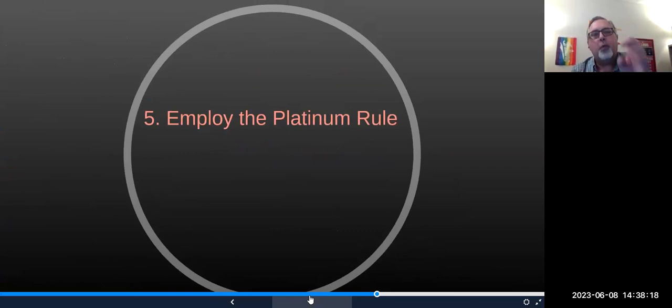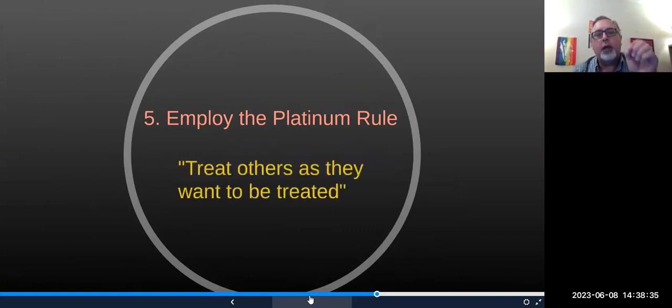And then there's employ the platinum rule. Now, we've all heard the golden rule. Do unto others as you would want them to do to you, right? That's sort of an individualistic point of view, because not all cultures view things the same way. And so the platinum rule is treat others as they want to be treated.